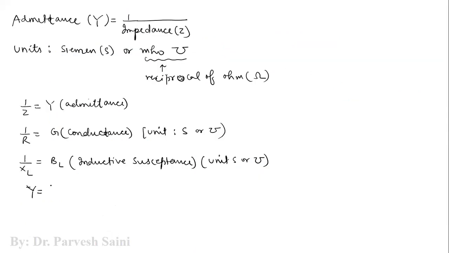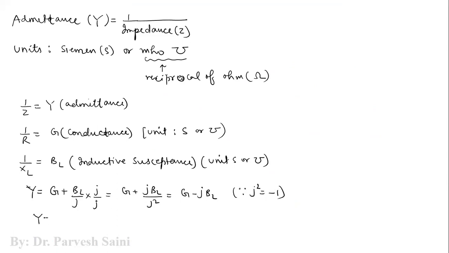we get Y is equal to G plus BL by J. Now this J can be factorized here, so we multiply by J by J. So we get G plus JBL by J square. So it is G minus JBL, because J square is minus 1.